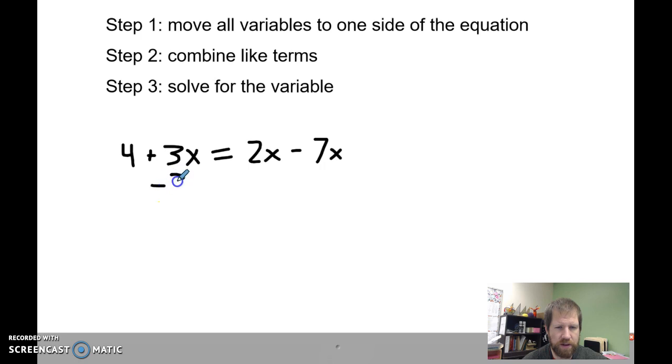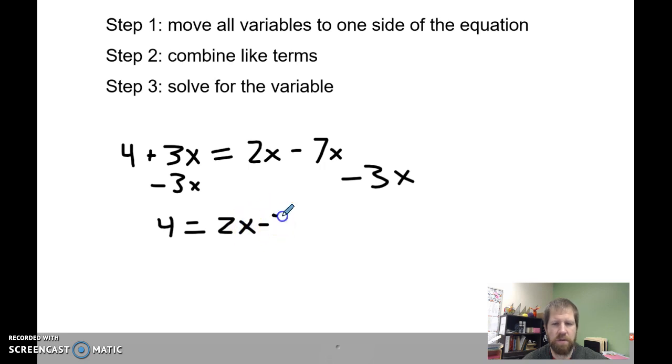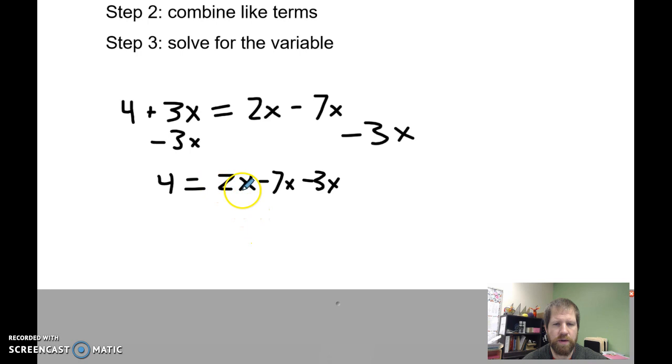I'm going to subtract 3x minus 3x, and I get 4 is equal to 2x minus 7x minus 3x. 2x minus 7x is going to be a negative 5x. And then negative 5 minus 3 is going to make it a larger negative number.